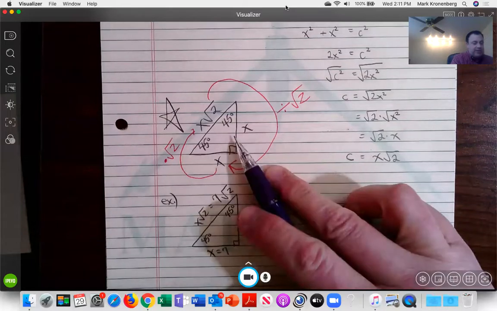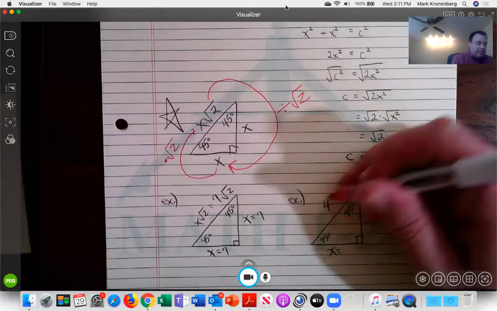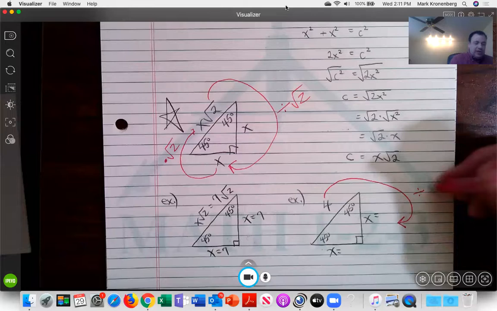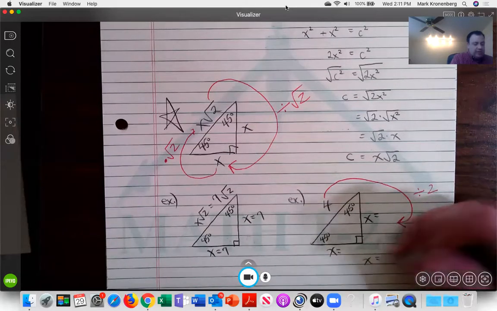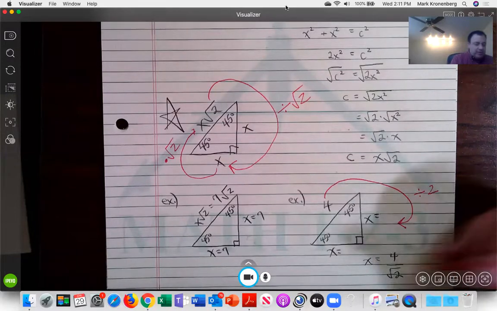This is going to be helpful in the SAT. It's going to be helpful for unit circle. So let's just divide by root 2 to come back. So the leg is going to be 4 divided by root 2. So x will be 4 over root 2. And rationalize the denominator, multiply by root 2 top and bottom.